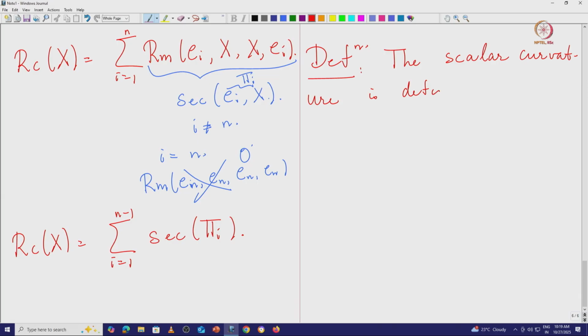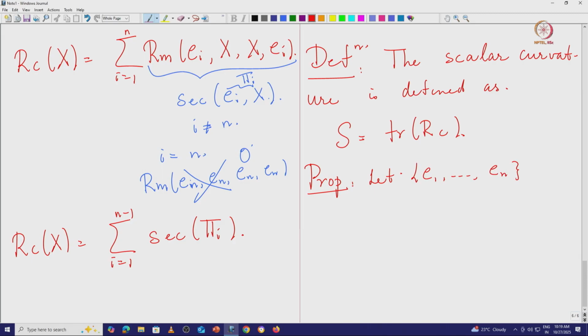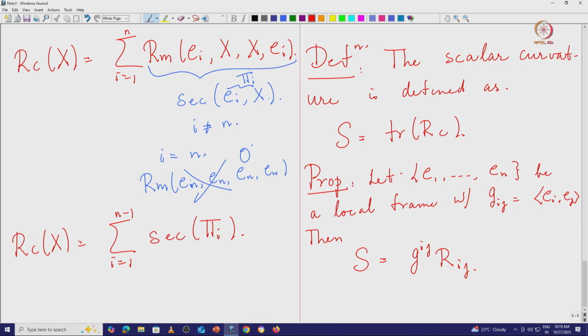So the scalar curvature is defined as S, which is simply the trace of the Ricci curvature, okay, or in other words we have the following proposition: let E_1 to E_n be a local frame with, as usual, g_ij being given by <E_i, E_j>, then the scalar curvature is precisely g^ij times R_ij, and you sum over i and j.